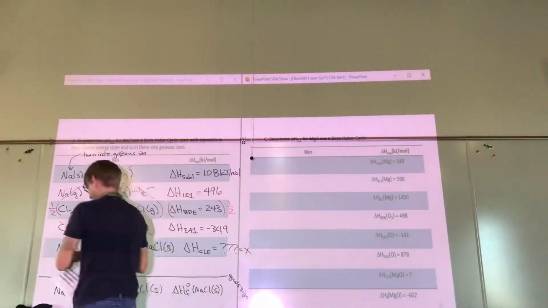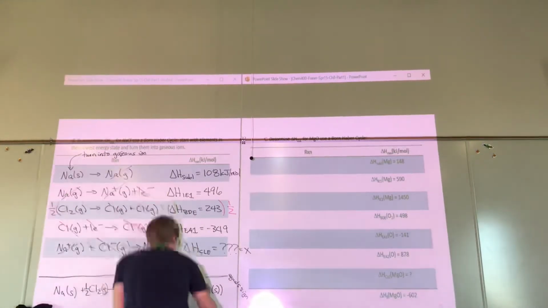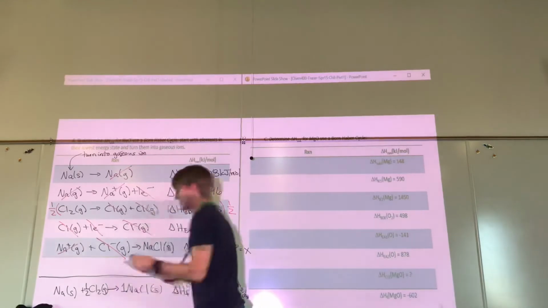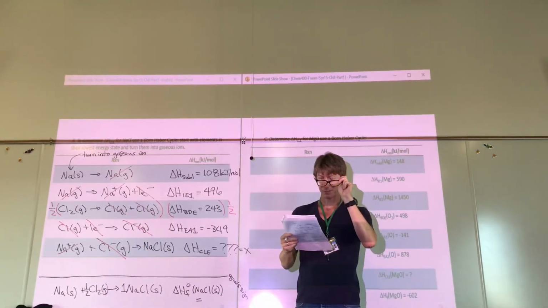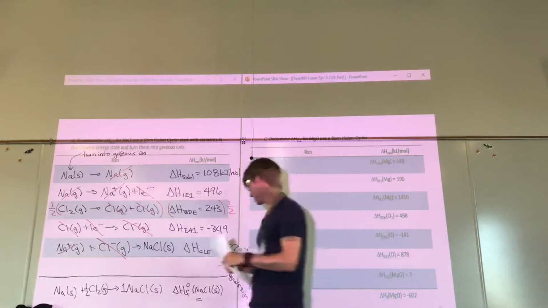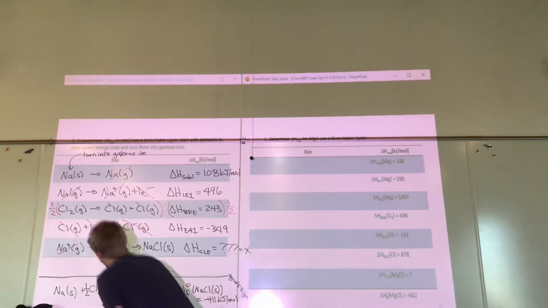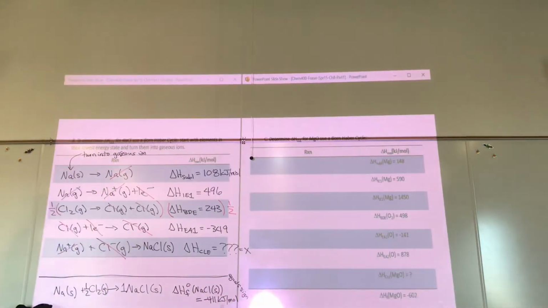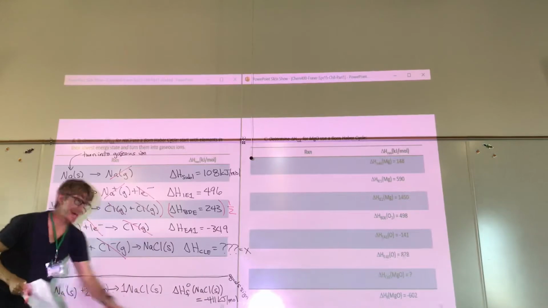I'll put it in black to color coordinate it. The delta H formation, minus 411 kilojoules per mole. All right, now I'll go back to red. So all of these equals that.